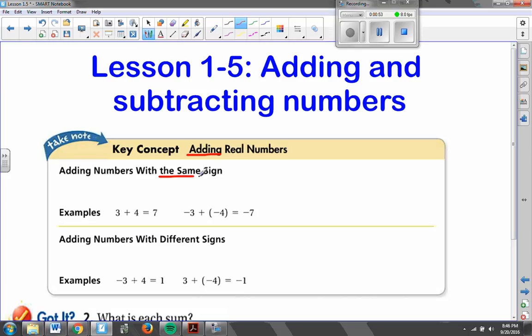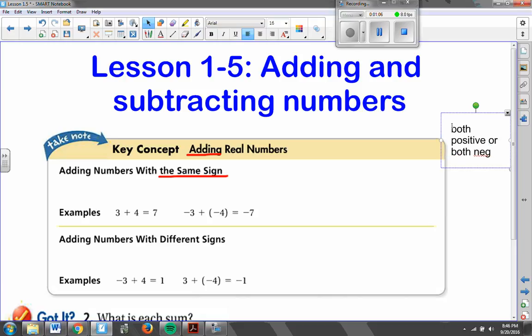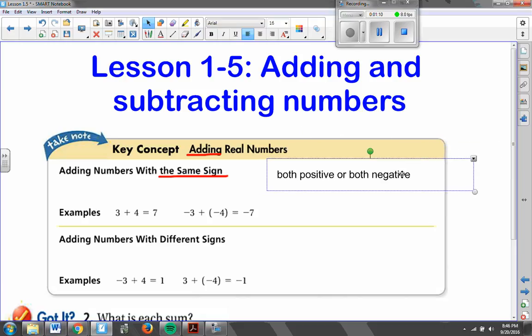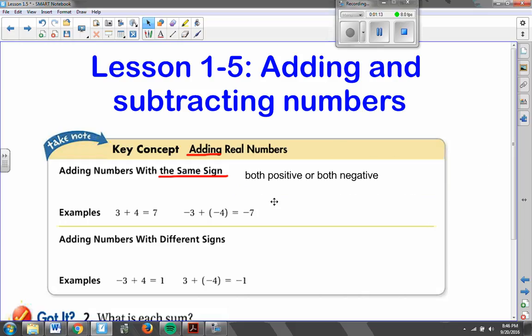When the sign is the same, meaning both numbers are positive or both numbers are negative, then it's a simple addition problem, okay? And our answer just has the same sign, positive or negative, as our two things that we're adding together.